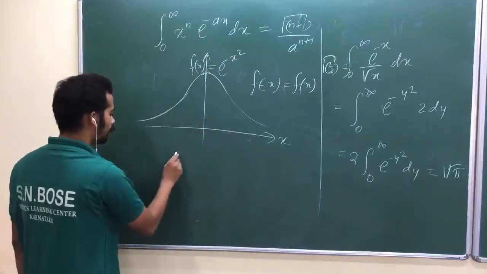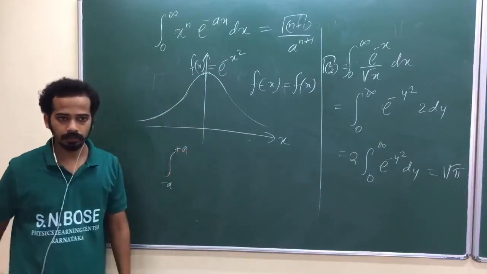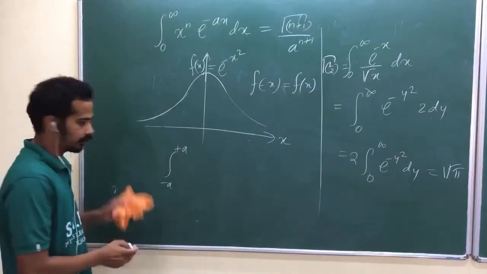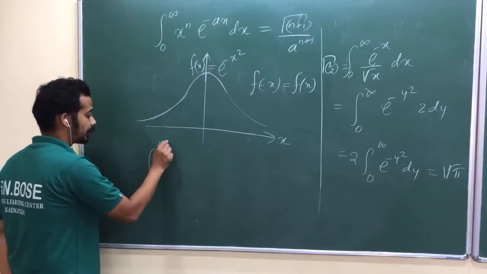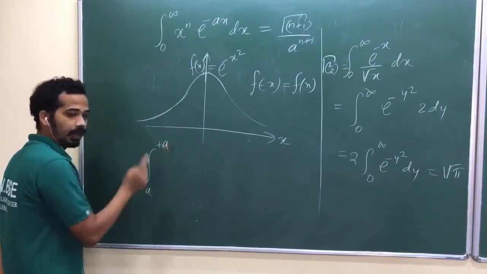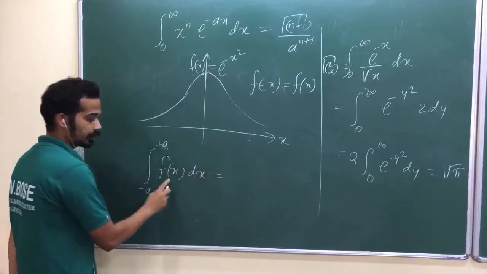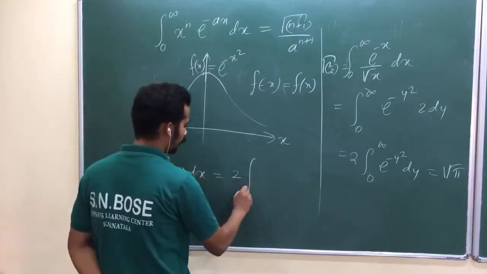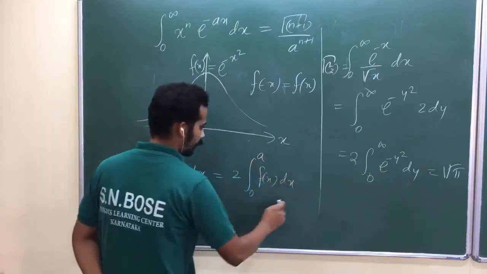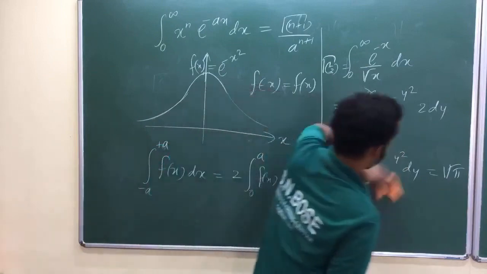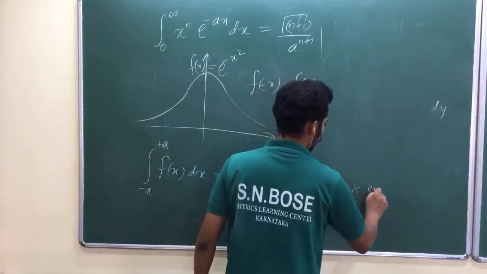Now look at here. If you have an even function, if you have a symmetric limit, I think I gave one rule yesterday, isn't it? Some note on formula. If you have a symmetric limit and a function like this, if this is an even function, that will become 2 times integral 0 to a f of x dx, if f is even function.